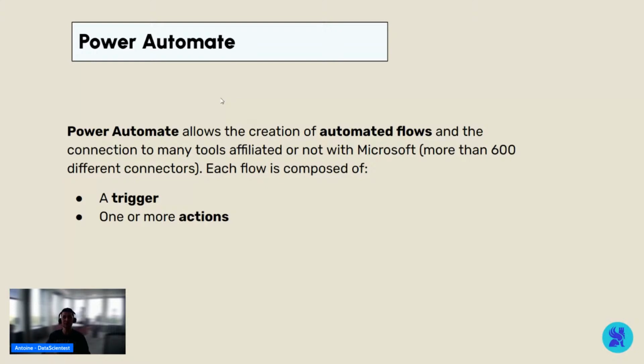In Power Automate, you can connect to more than 600 different tools, 600 different connectors, and each flow, and I will make a demo just after to illustrate what is an automated flow, is composed of one trigger and one or more actions.